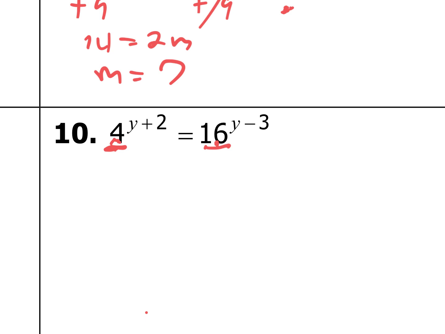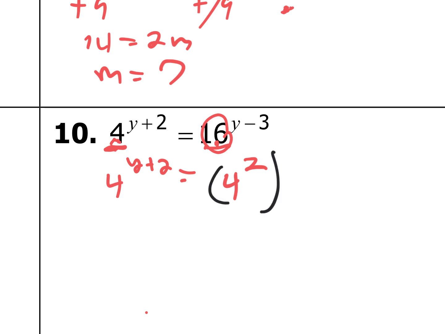So watch this. Keep the 4. Keep the y plus 2. Now the 16 turns into a 4 squared, right? But it already had an exponent up here of y plus 3. You keep it.